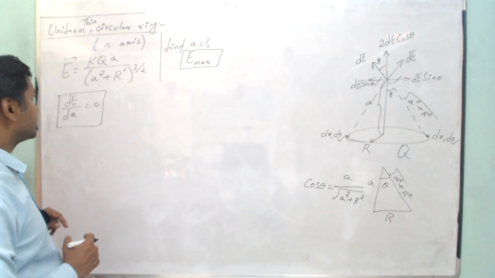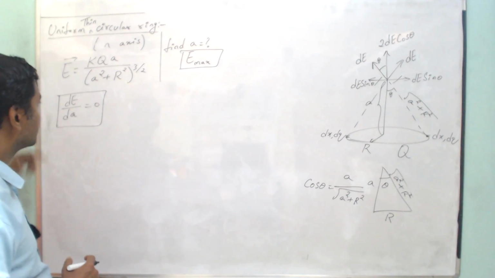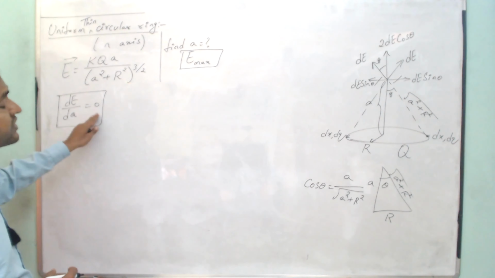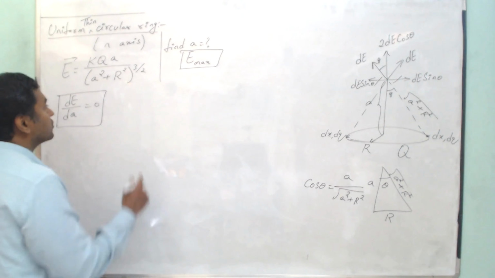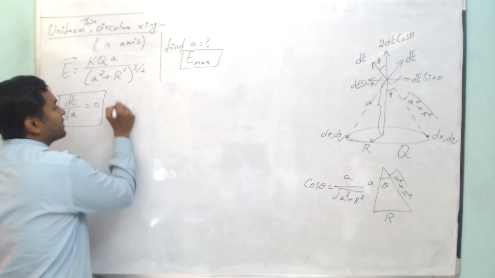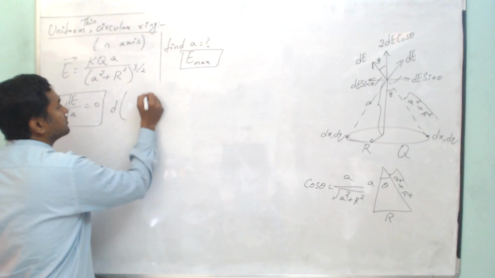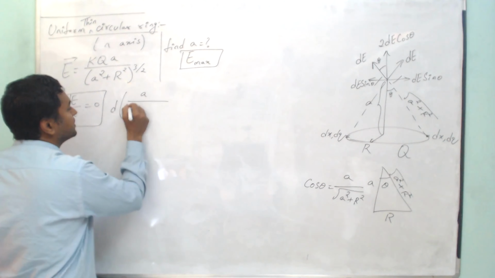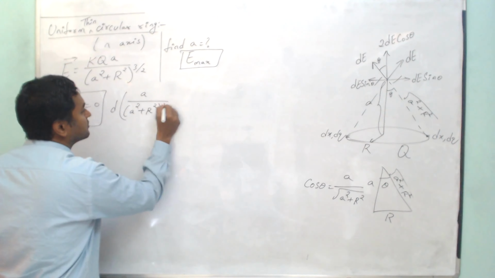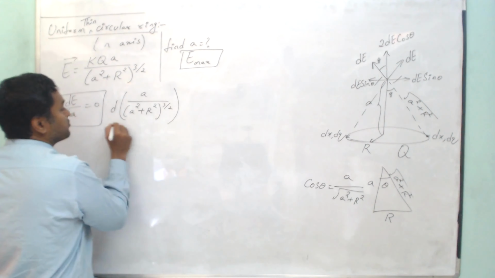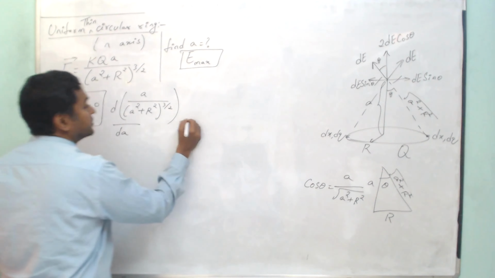When I'm differentiating and equating to 0, I'm not bothered about the constants k and Q. So my mathematical expression will eventually become d/da of a by (a square plus r square) whole to the power 3 by 2 should be equal to 0.